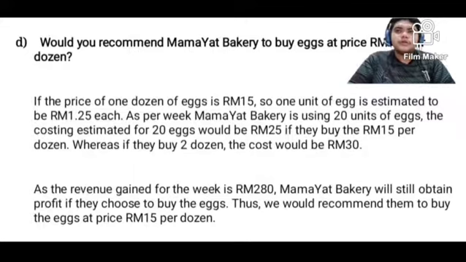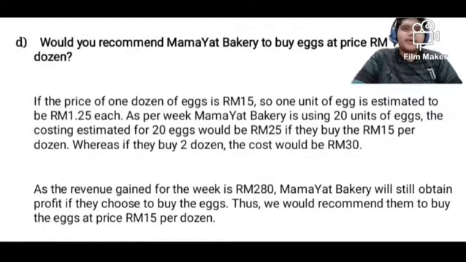So I will continue for the last question, which is question D. Would you recommend Mamayat Bakery to buy eggs at the price of RM15 per dozen? If the price of 1 dozen eggs is 15 ringgit, then 1 unit of egg is estimated to be RM1.25 each.